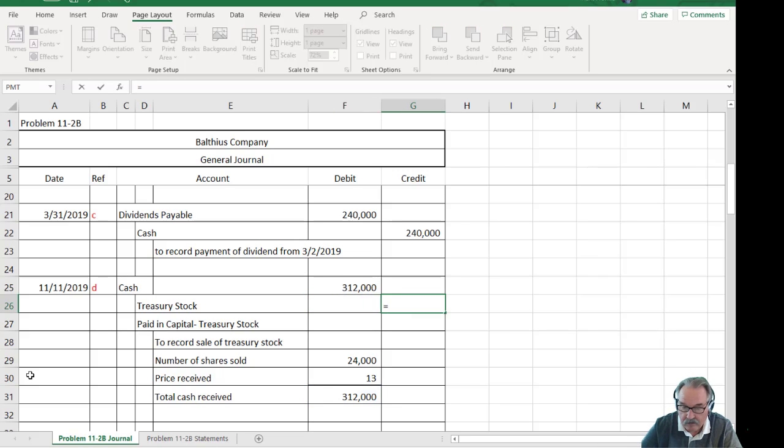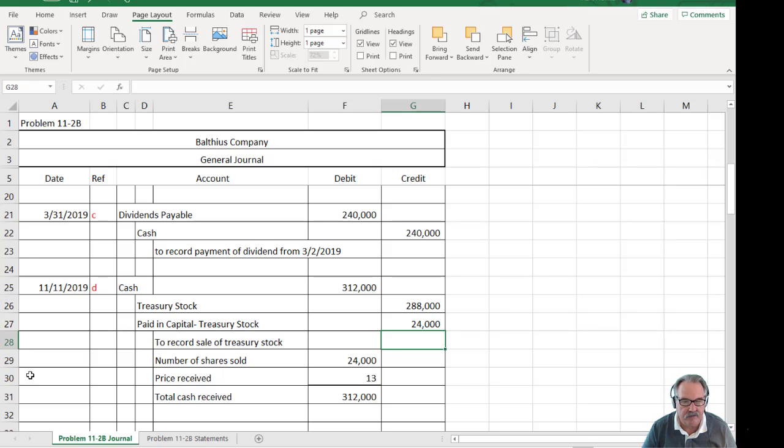But these we paid $12 for, so we're going to have $1 of additional paid in capital from this transaction. What we want to do is take out the treasury stock at the same price that we put it in. And because we sold these for an additional dollar, that's going to go into a new account called paid in capital, treasury stock. It's just an equity account, and it's going to be a credit because we got more money.